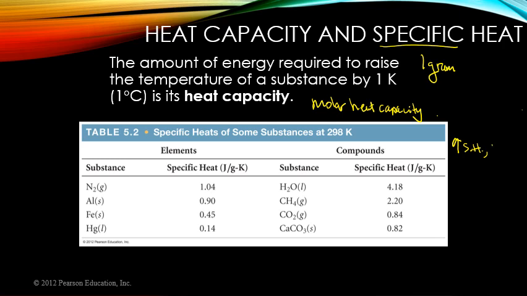And so these would be better insulators because they're not going to allow the temperature to change very rapidly. If you have a very low specific heat, now those substances are going to be better conductors instead. So typically you'll find your non-metal type of compounds, covalent compounds, they're going to have relatively high specific heats versus your metals, which are going to have very low specific heats because we know metals are good conductors.